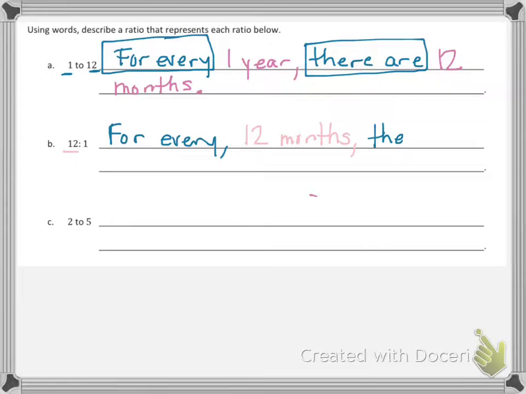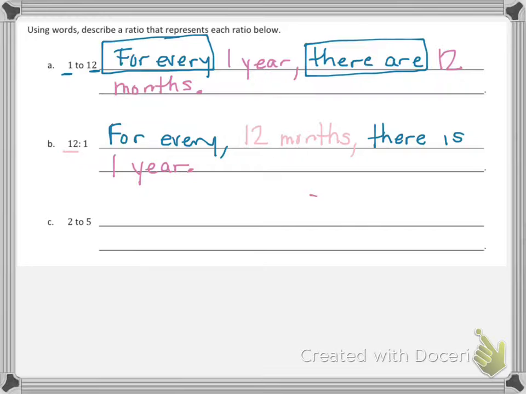There is 1 year. For every 12 months, there's 1 year. Okay, that fits the ratio. That's good ratio language. For every, there is.